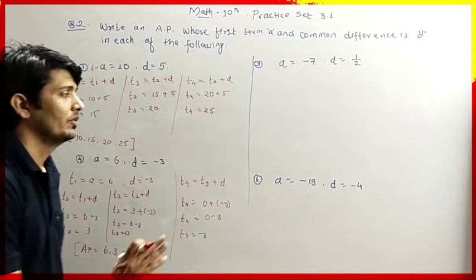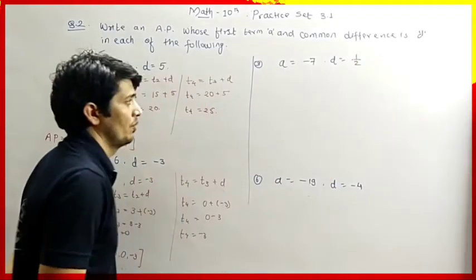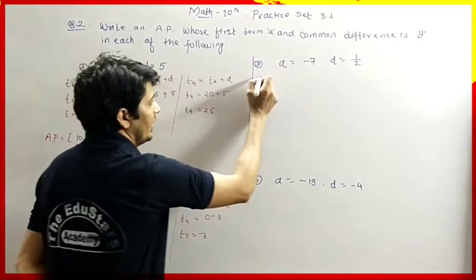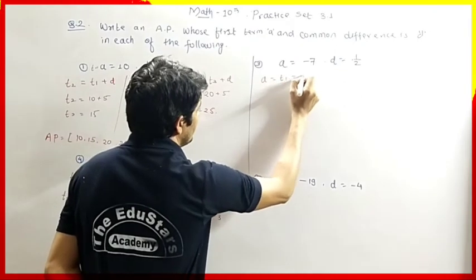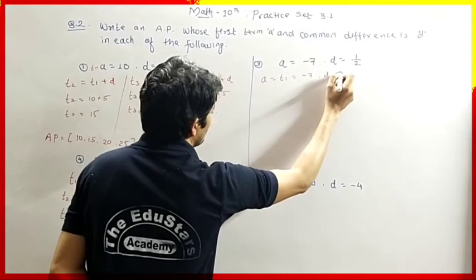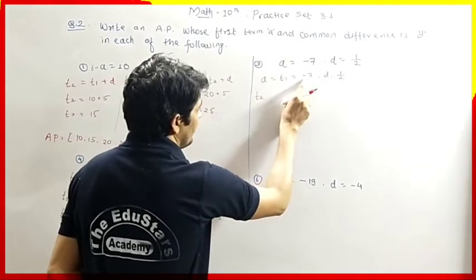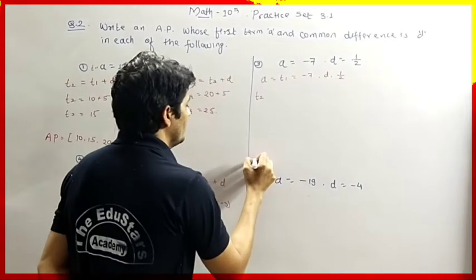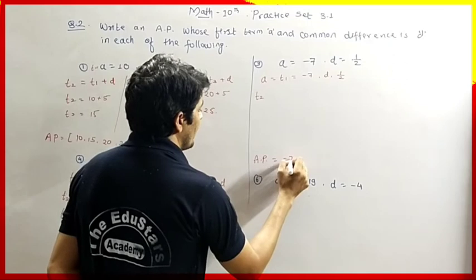Okay. Now next one. Now it is the third question. It is given in fraction form. Again A is nothing but our T1, which is minus 7, and D equals 1 by 2. The required arithmetic progression starts from minus 7.